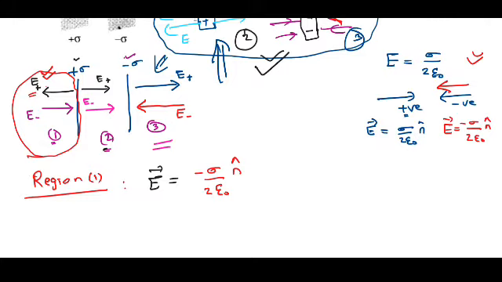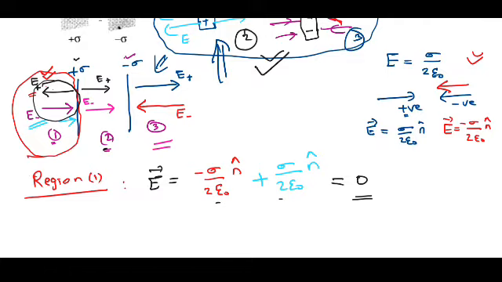Then the electric field due to the minus charges is directed towards the positive direction, therefore plus sigma divided by 2 epsilon 0 n cap. Both have the same magnitude, so the answer will be 0. That is, there is no electric field present in region 1, because those two electric fields cancel out. They are equal and in opposite directions. That is clear in the figure.